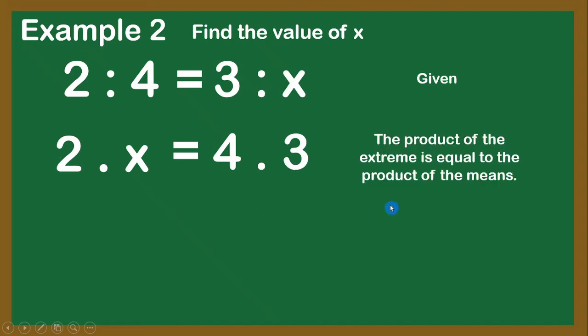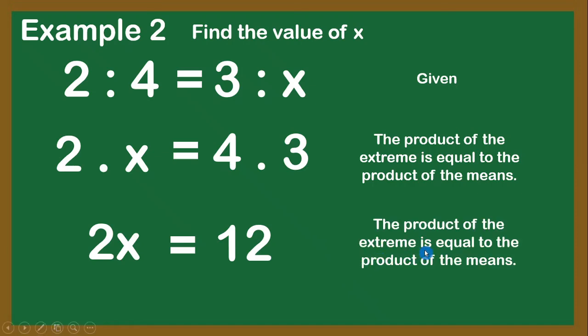So we are now applying the law that the product of the extremes is equal to the product of the means. Simplifying it, we have 2 times x is 2x equals 4 times 3 equals 12.